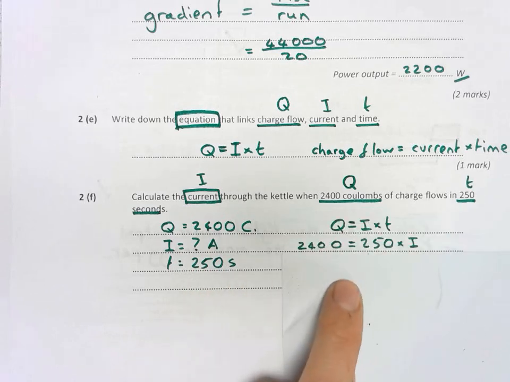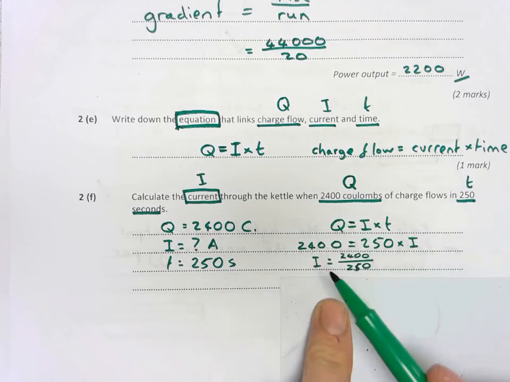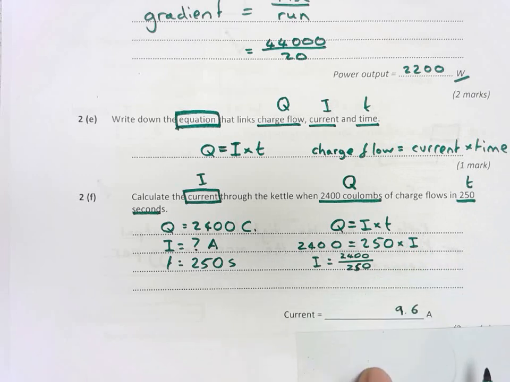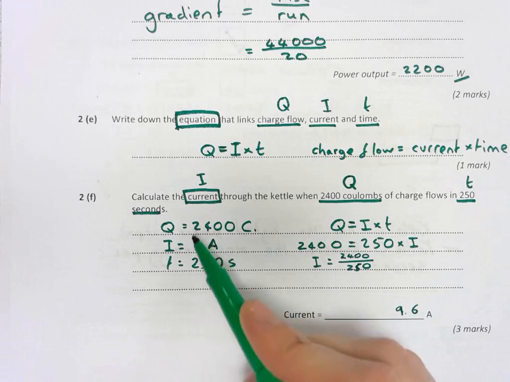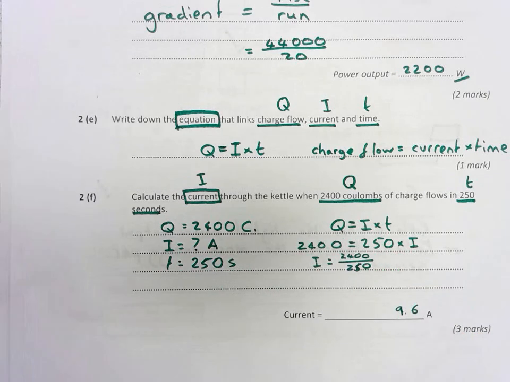Q equals I times T, substitute in those values, rearrange again, you need to divide both sides by 250, gives you a final answer of 9.6 amps. Make sure you are using the Michaela layout here so that you are reducing the chance of making a mistake.